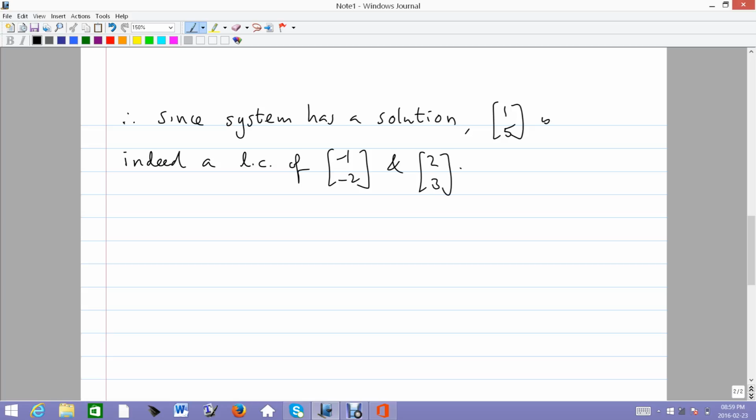So this answers the first part of the question. The second part is to now in fact express the vector (1, 5) as a linear combination of these two given vectors.